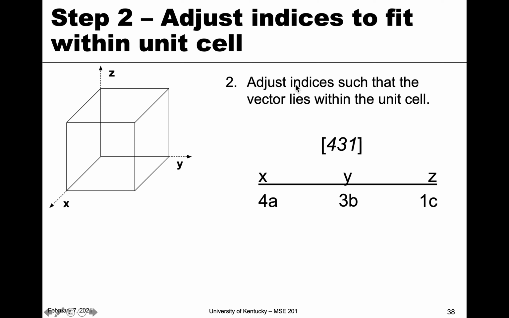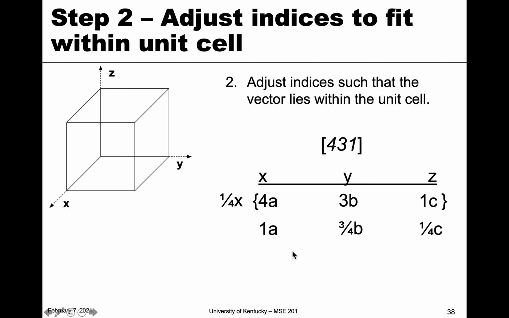If we want to make everything less than 1, 4 is the biggest number, so we're going to have to take care of that one. We do that by multiplying by 1/4. That would give us 1, and then 3/4 and 1/4.